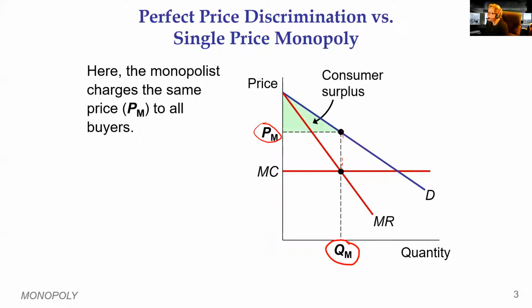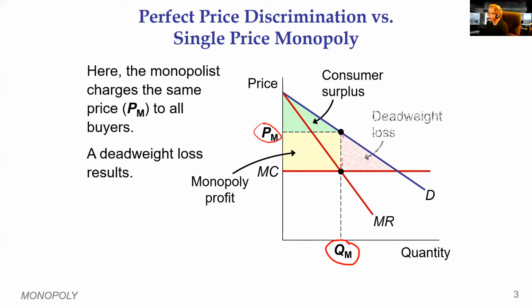So here's our consumer surplus. Remember, consumer surplus is the area above the price but below the demand curve. This is the monopolist profit, and then we have deadweight loss. I'm going to give you just a second here to look at each of those. Remember that because we have deadweight loss, those are consumers who are not in this market according to their willingness to pay.